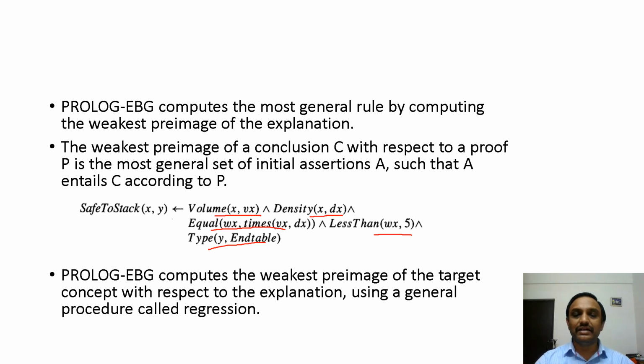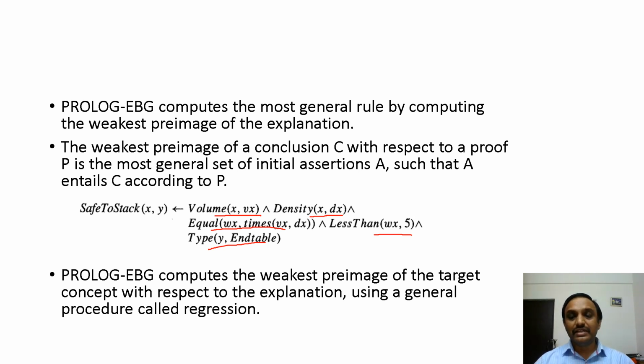These are the basic training data we are considering. By using these, we have to develop the system. This is the initial thing, and by using this we have to develop the conclusion. Here, Prolog EBG computes the weakest pre-image of the target concept with respect to the explanation using a general procedure called regression.